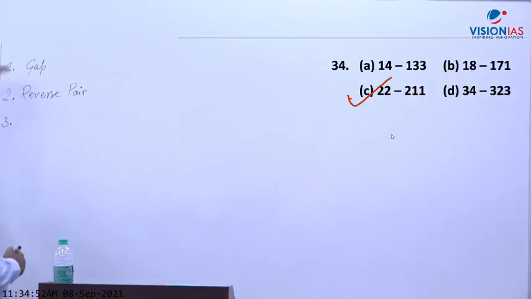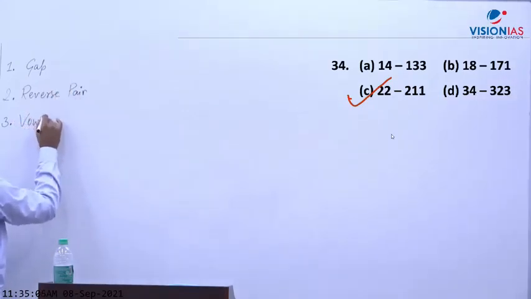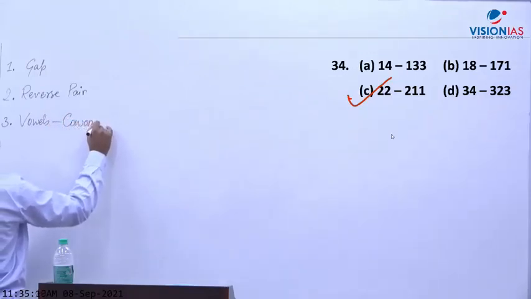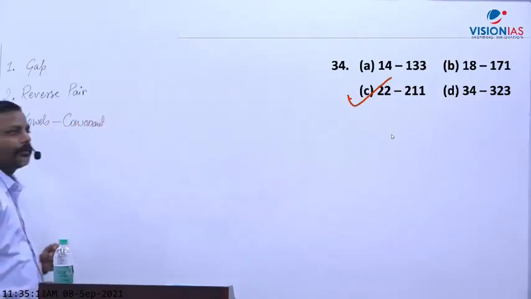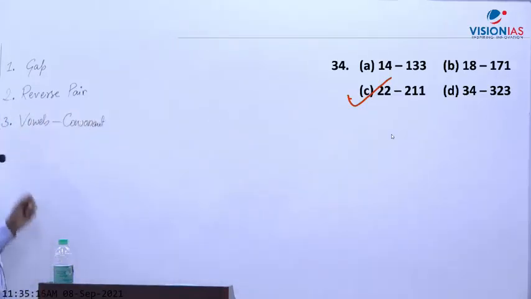So the first logic is by finding the alphabetical gap between the letters. Second is by applying the logic of reverse pair of letters. Third is case of vowels and consonants. Means how many vowels are there in a group and the number of consonants in the group. Is it clear?